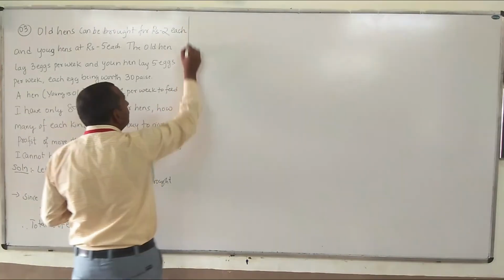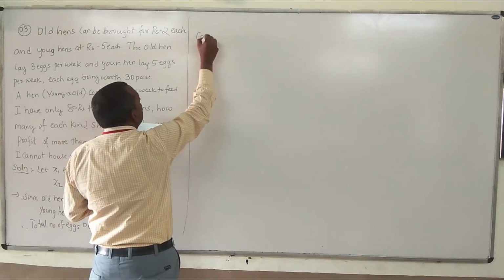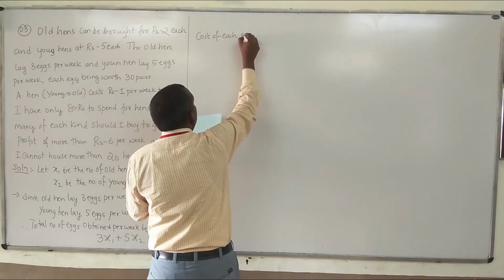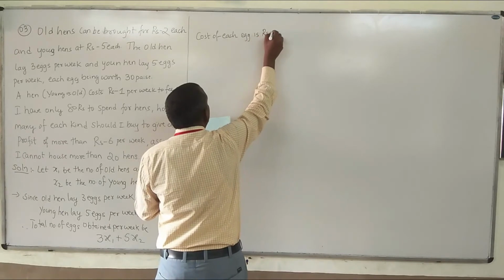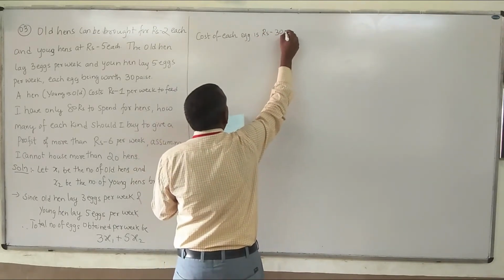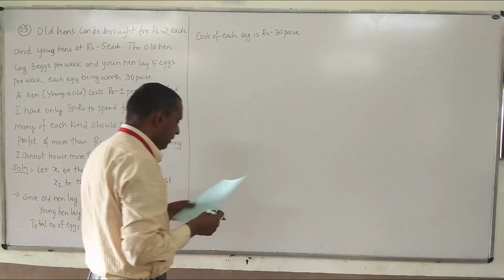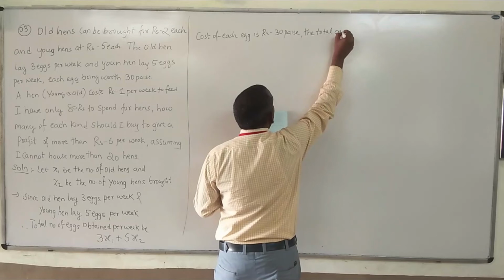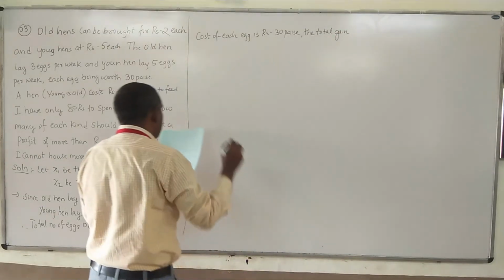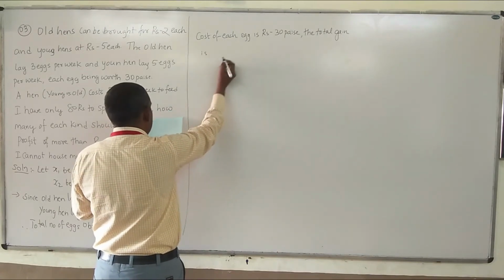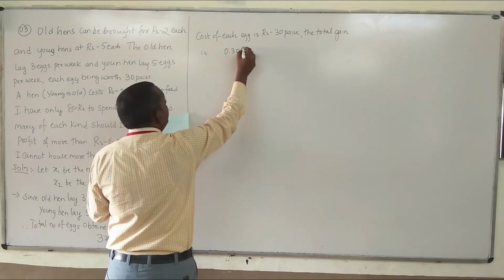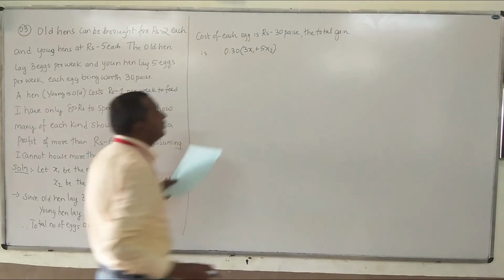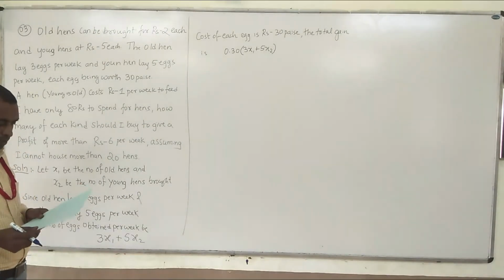So the cost of each egg is 30 paise. The total gain is 0.30 into (3x1 plus 5x2).